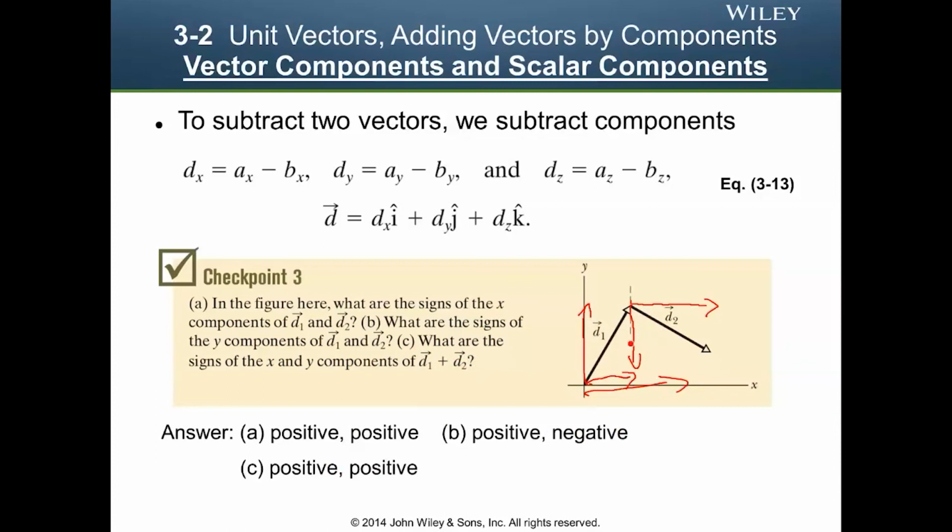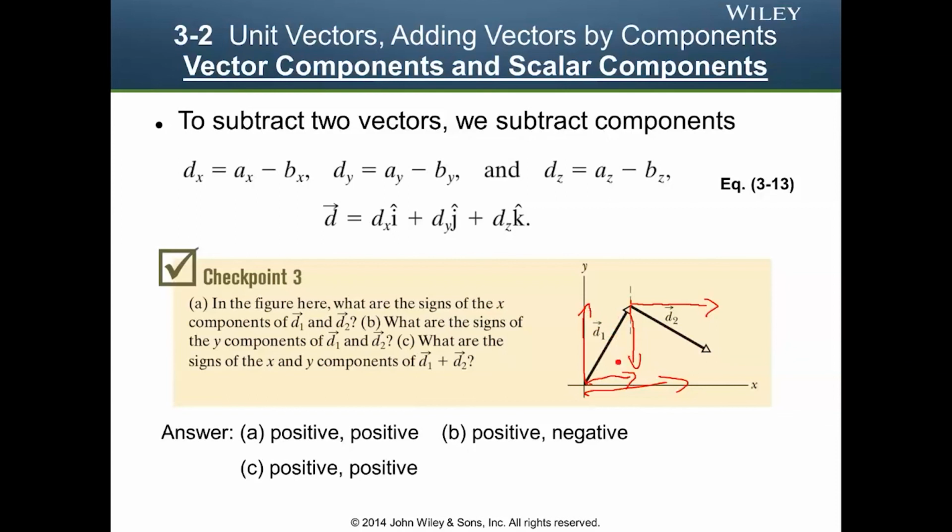So you have to add these up separately, right? If you look at this, the x one's easy. They're both positive, so it's going to add up to something positive. The y one is slightly trickier because you have them going in opposite directions, which means you're going to subtract them.